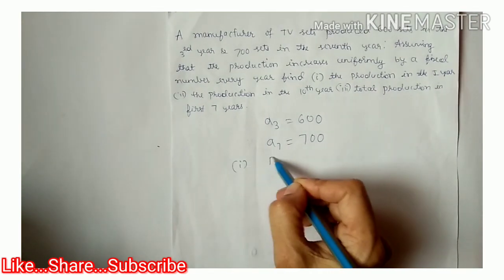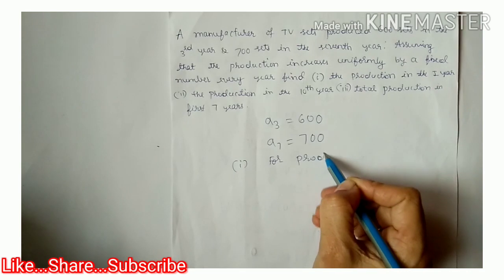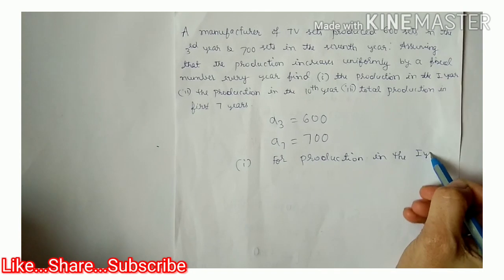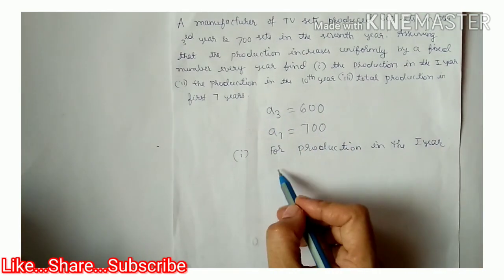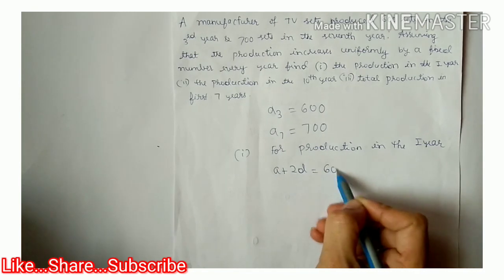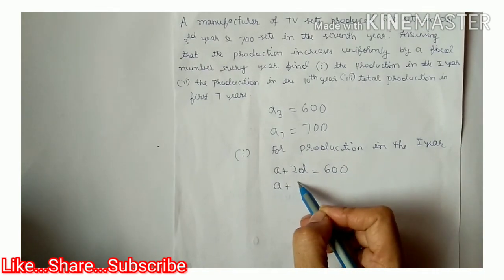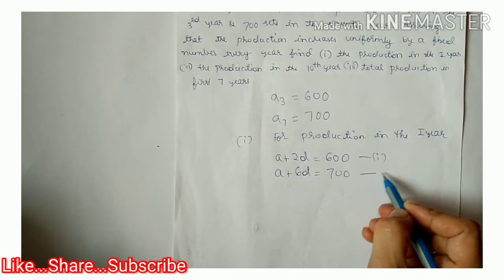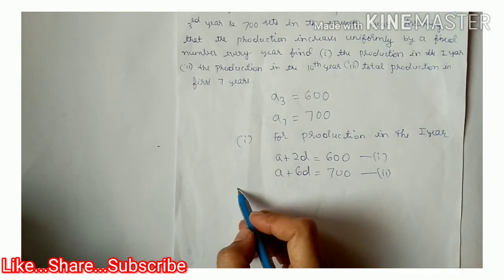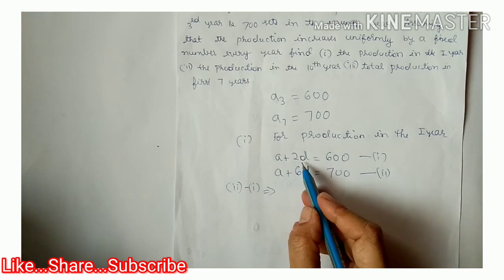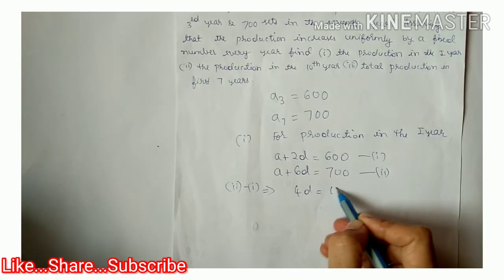First one, the production in the first year. Given A3 is equal to 600, A plus 3 minus 1 into D is 600. Also A plus 7 minus 1 into D is equal to 700. Equation 1, equation 2. Equation 2 minus equation 1 implies 6D minus 2D, 4D is equal to 100.